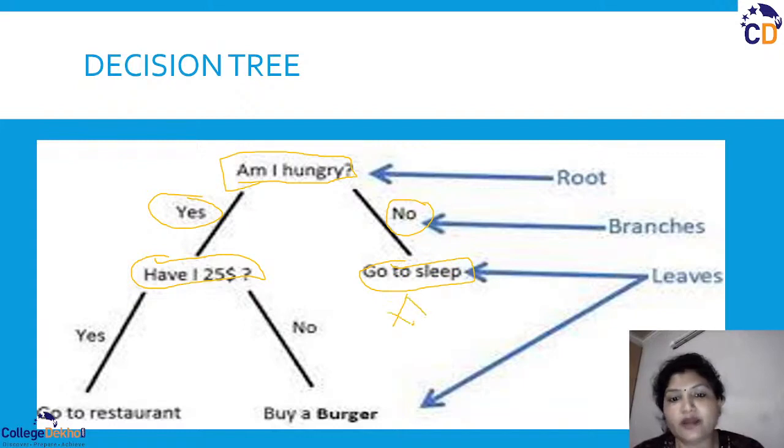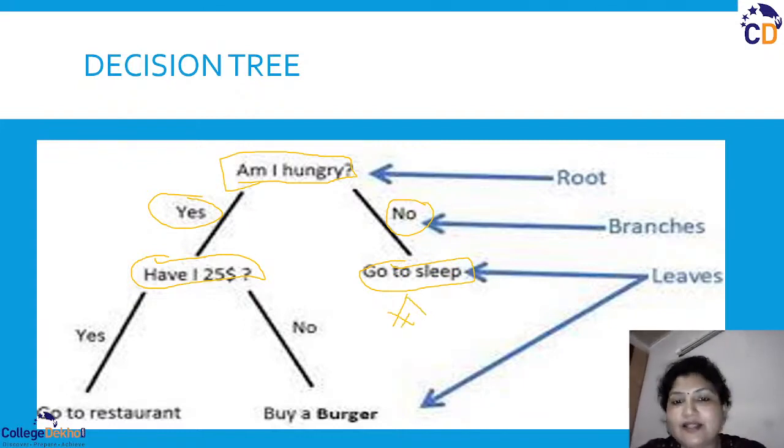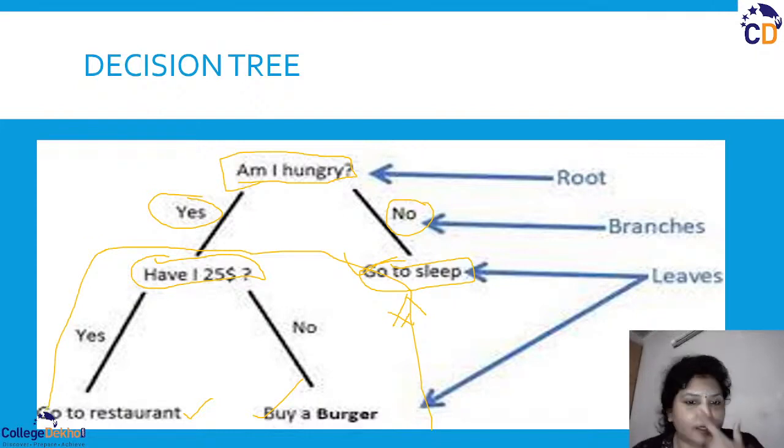So this would be a terminal node, or leaf node. All the nodes which are not decomposed later on are the terminal nodes, the ending nodes. This node would be the root node, and you may take this part as a subtree as well, as we mentioned in the previous slide.